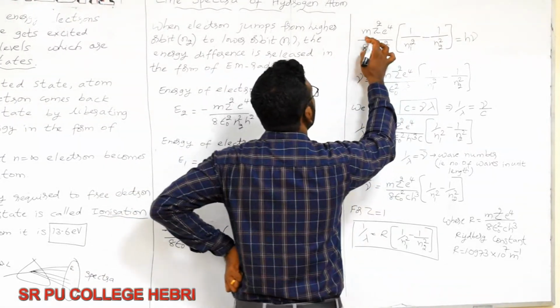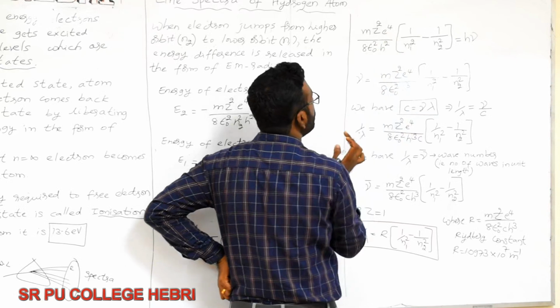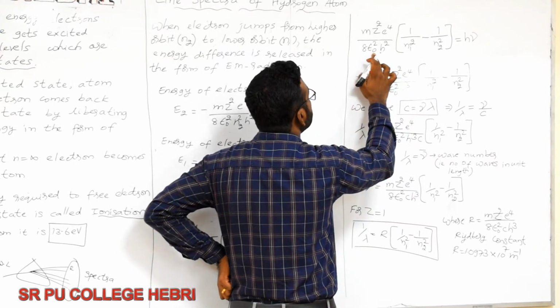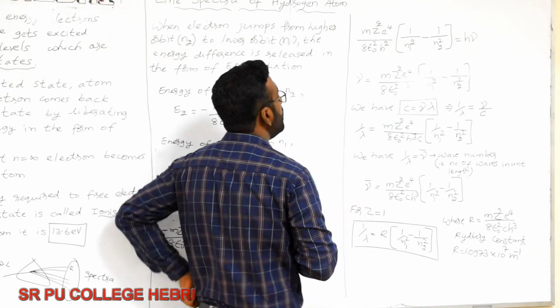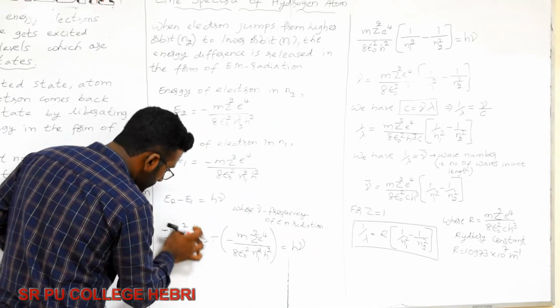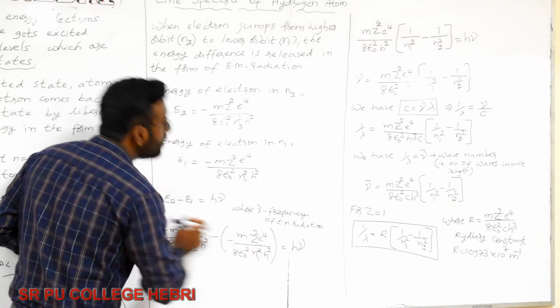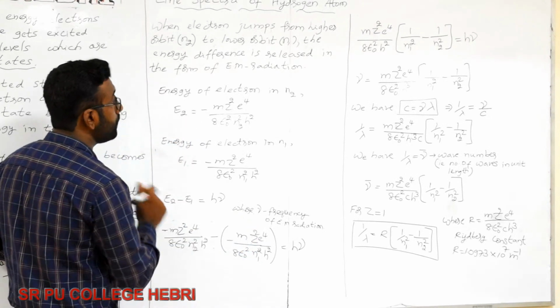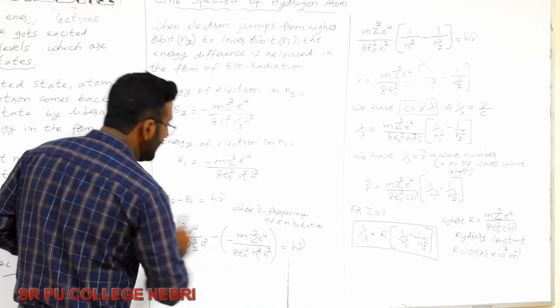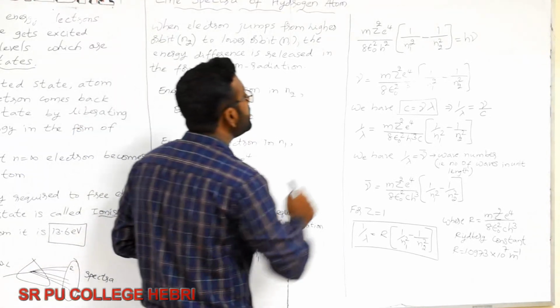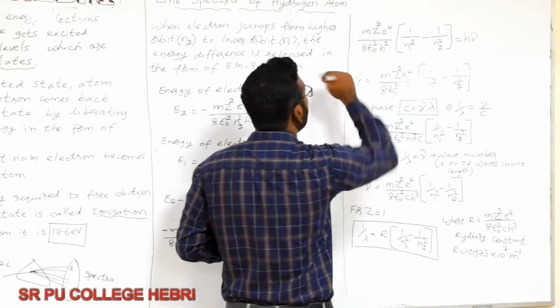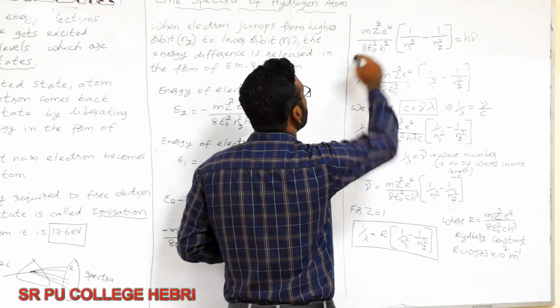See this: m Z square e to the power 4 divided by 8 epsilon naught square h square is a common term in both the terms, so it is taken out of the bracket.